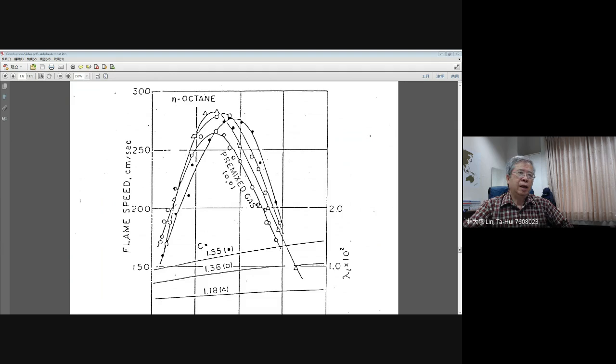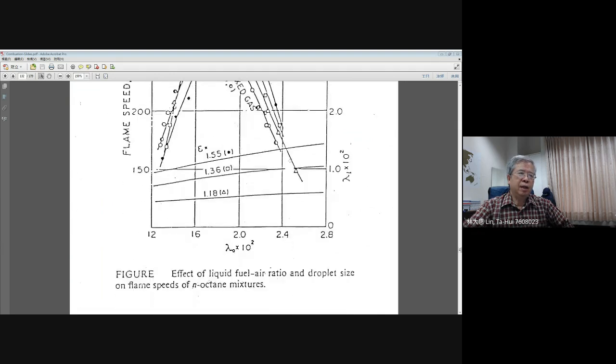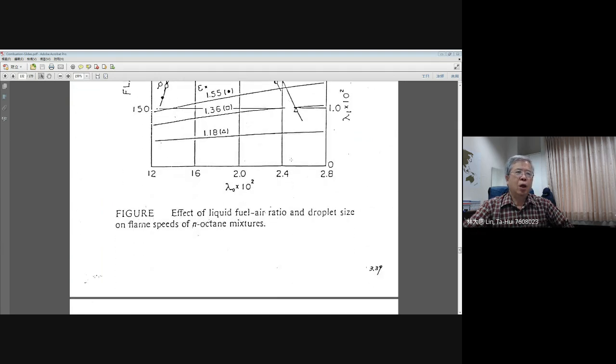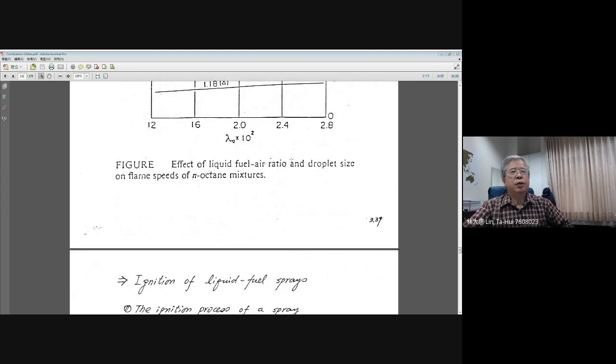Okay, and up to now, we have tried to emphasize the modeling of spray premixed burning. Those kinds of behavior tell us that the burning involves both heterogeneous burning and homogeneous burning. That kind of burning structure is not easy to describe, but it tells you there is some optimal burning situation based on the droplet radius and the amount of liquid loading you may have.